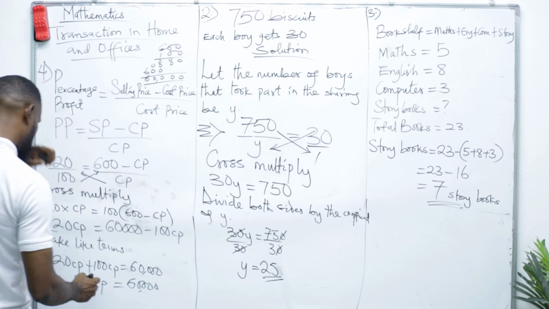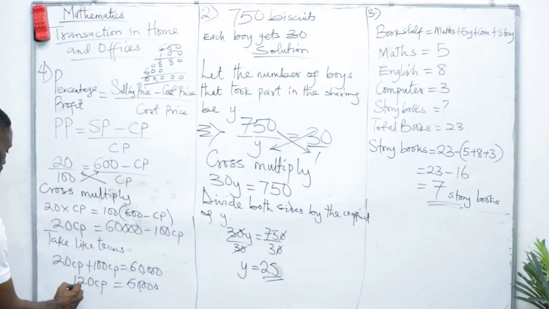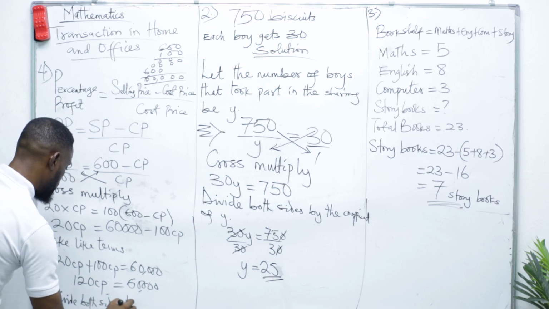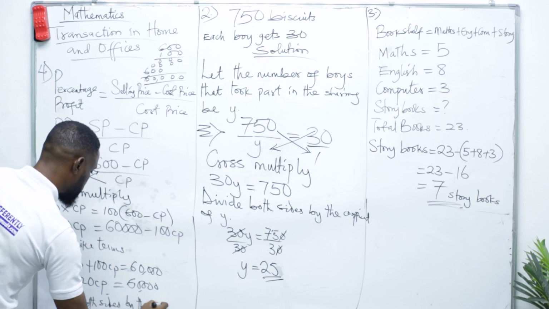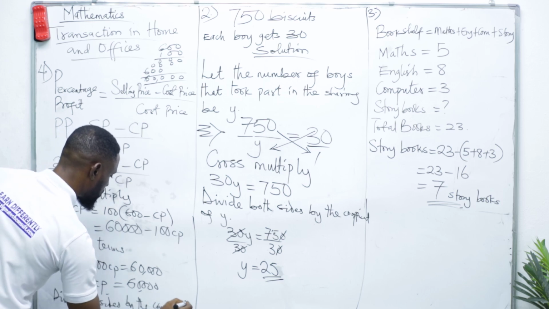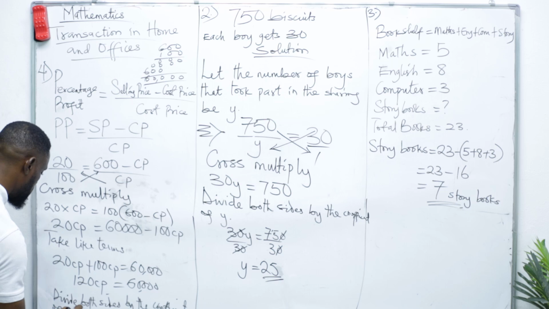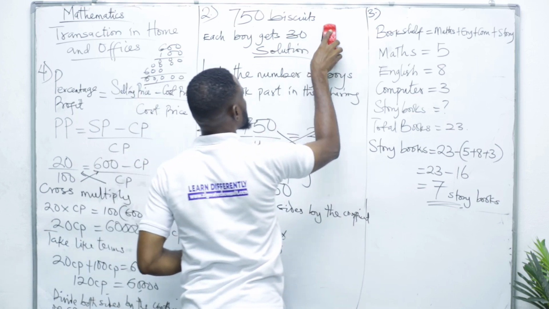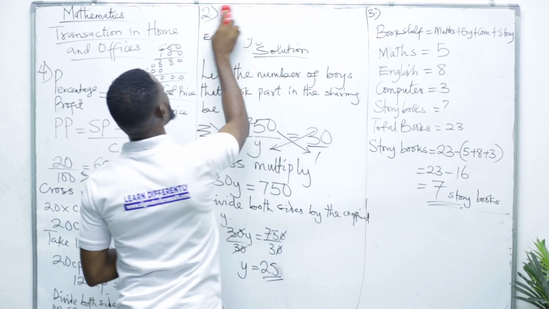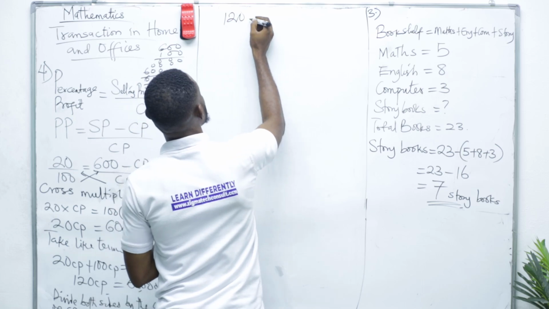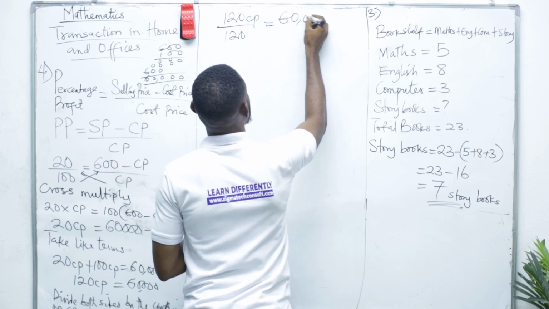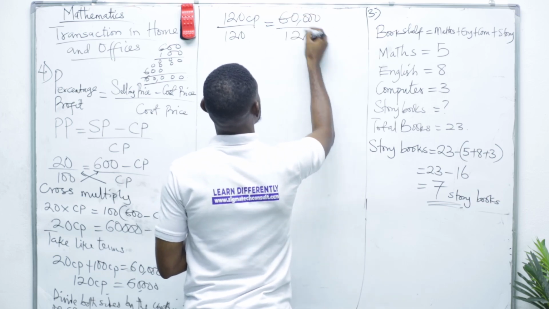Are we there? So the next thing we do is to divide both sides by the coefficient of CP. The coefficient of CP is 120. So we have 120 CP over 120 equals 60,000 over 120.